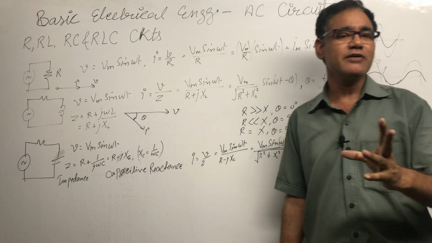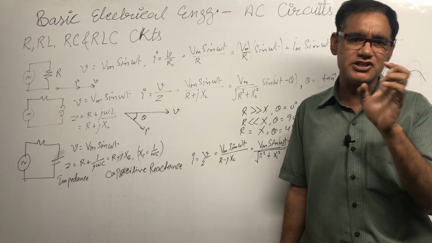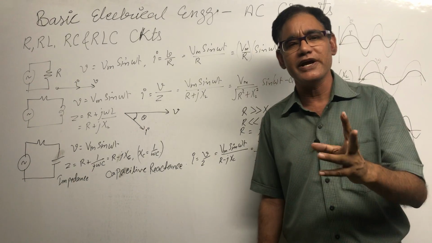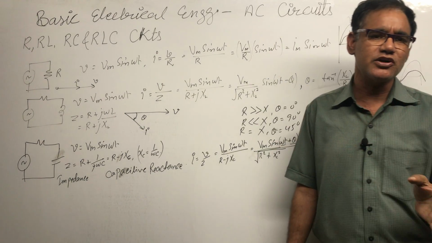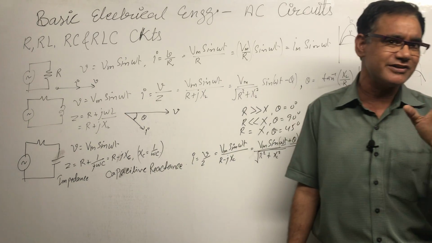There are two types of impedance offered by circuit elements: one is resistance, another is reactance. Reactance is also of two types, the capacitive reactance and the inductive reactance. The inductive reactance is positive, the capacitive reactance is negative.